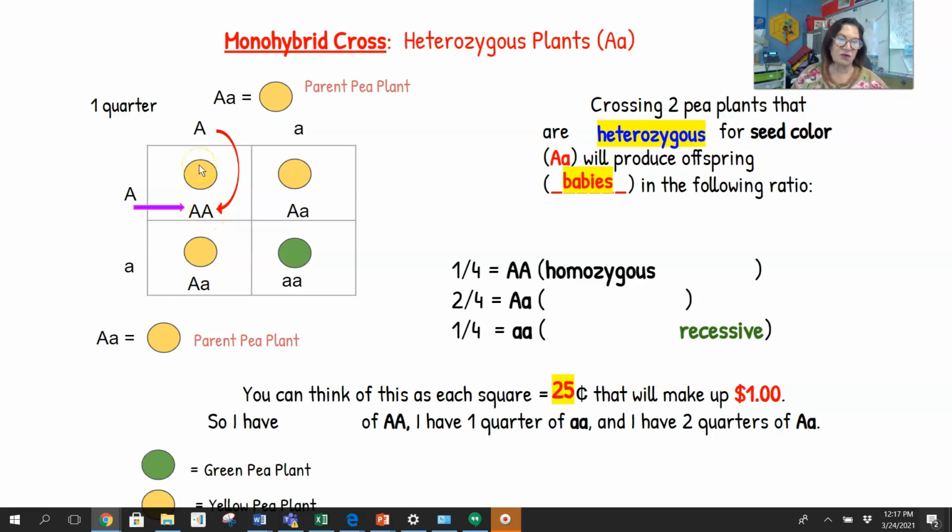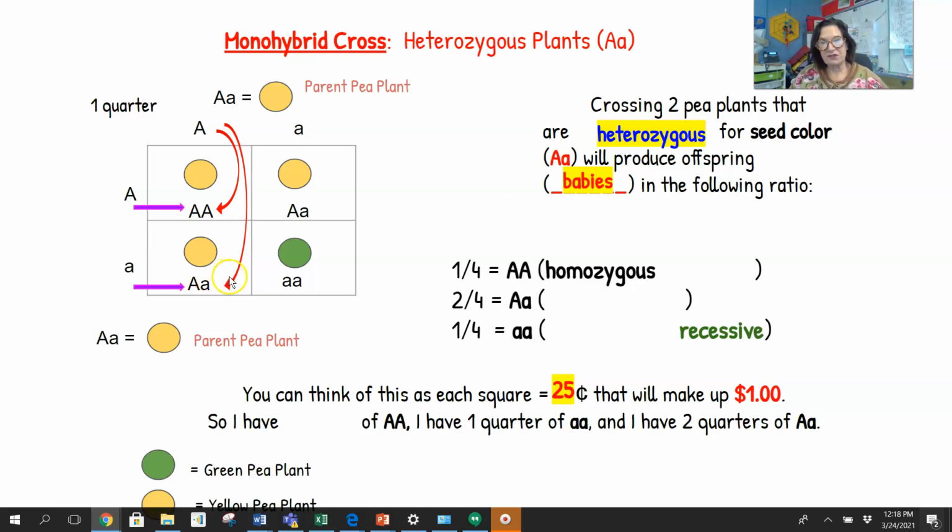And since I know the phenotype for the dominant trait is yellow, I have this yellow circle here. Okay, next I'm going to bring this big A down to the bottom here, and I'm going to bring this little a over here. So again, they're intersecting at this, and I have big A, little a.